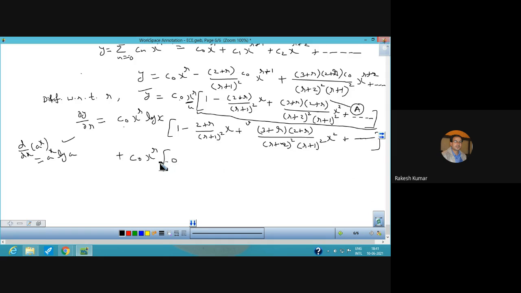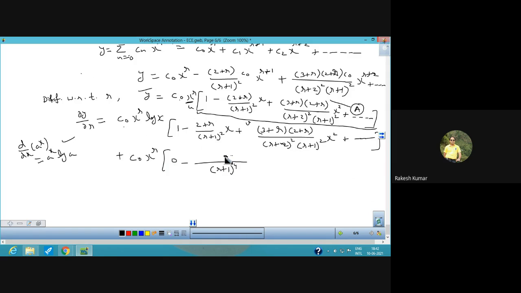Now remember, we are finding the derivative with respect to r. This is the derivative which we are getting. So we just need to find out the derivative here. Here you will have the u over v formula. So minus is outside. So (r plus 1) whole raised to power 4.